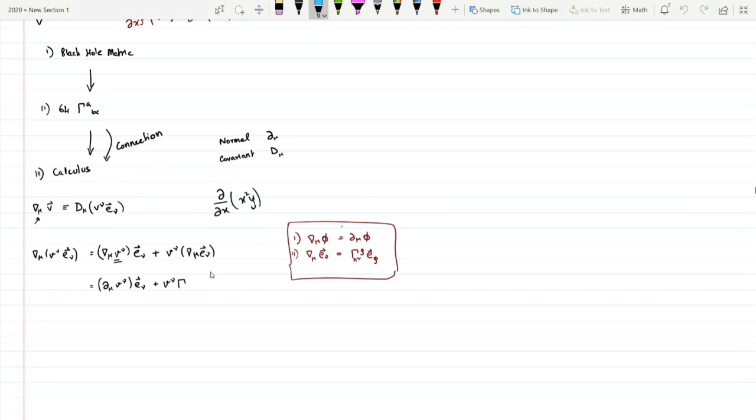V. This should be new. We need a new row. Row. Okay, everyone agreed with this? Everyone happy with this equation that I've written down so far?